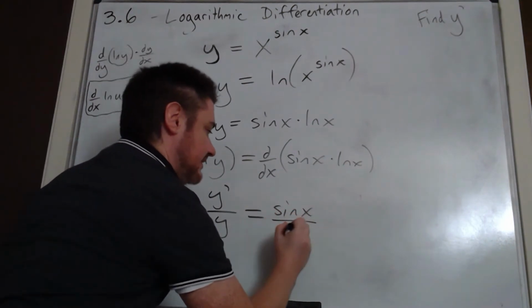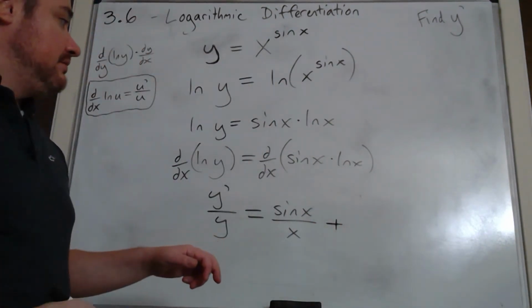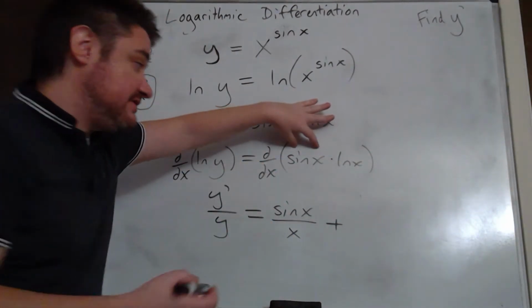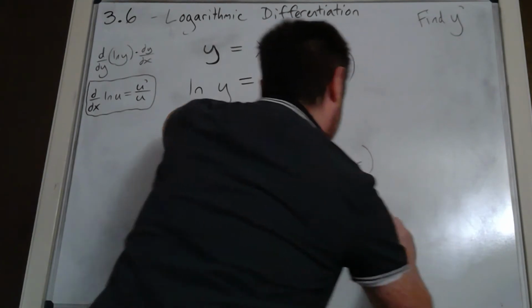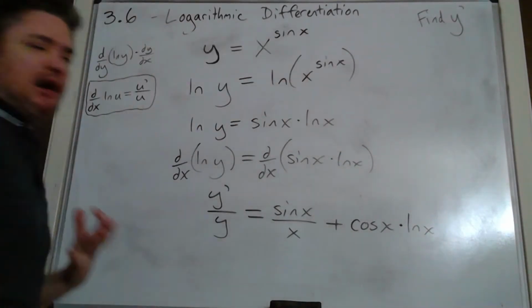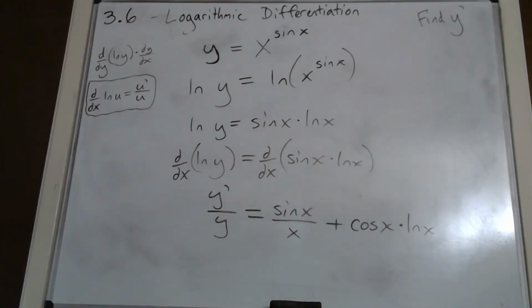So sine times that is going to give me sine of x over x. Plus the derivative of the first function, cosine x times the original second function. So hopefully you can follow that. If not, step through that, applying your d dx's as you would for your product rule.